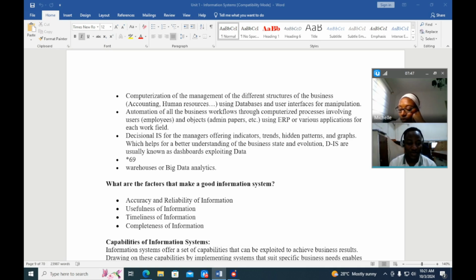So the various computerized processes that involve employees, or users, or maybe the administrators, using what we call enterprise resource planning or some other applications to ensure that we have automated workflow.